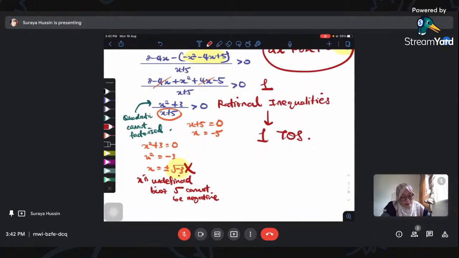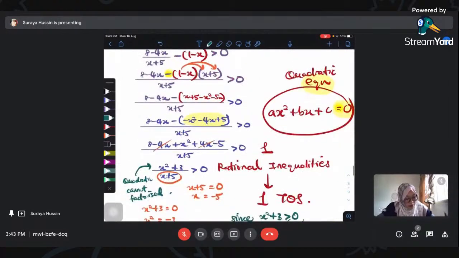So you can't make it equal to 0. You can't. When you can't do it, you just don't be afraid. You know that here dah cukup memberi maksud. You just letak macam ni je. Since x squared plus 3 is greater than or equal to 0, sama je.